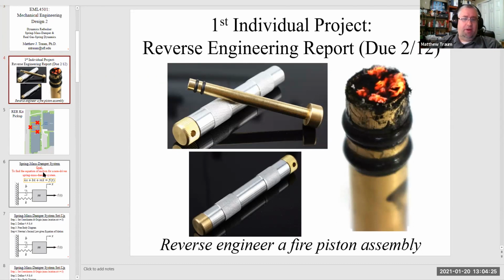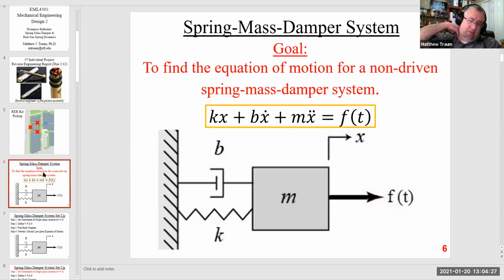What I'm going to do is run through the derivation from first principles for how you come up with the spring mass damper equation for this simple system. And then I'm going to modify this so that it corresponds to the equation of motion for the piston on the fire piston assembly after you've done the auto ignition process.